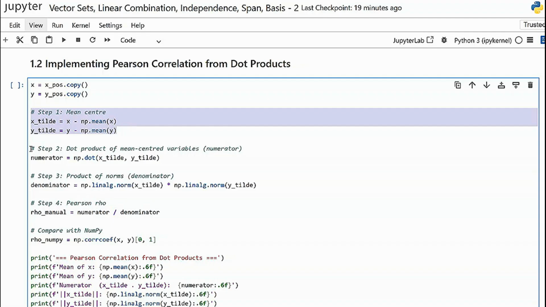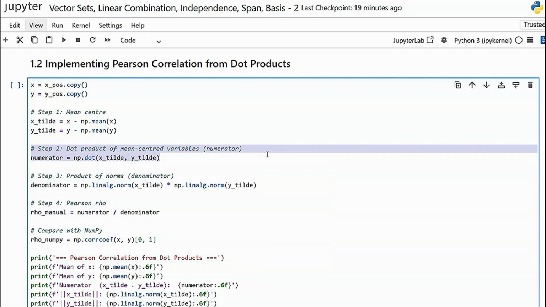And next, step 2: the dot product of the mean-centered variables. Dear friends, we compute this dot product between the mean-centered variables. This forms the numerator of the Pearson correlation, and it measures how much the two variables move together.